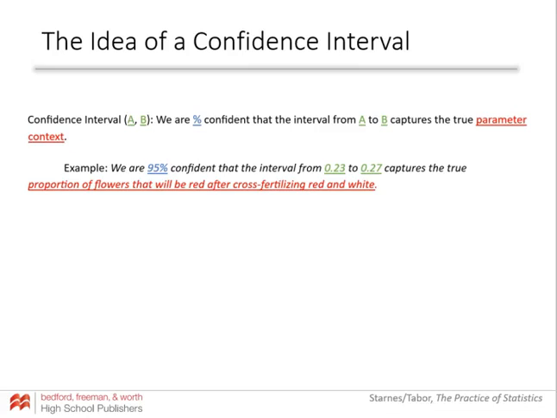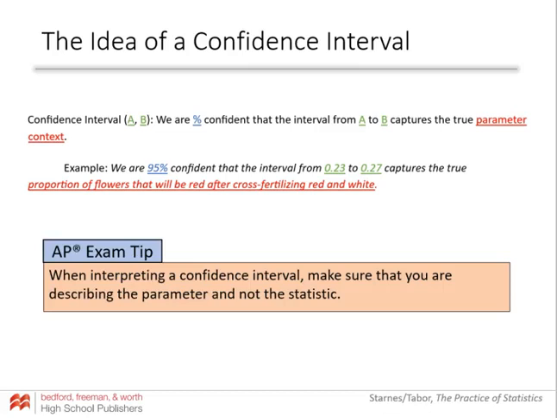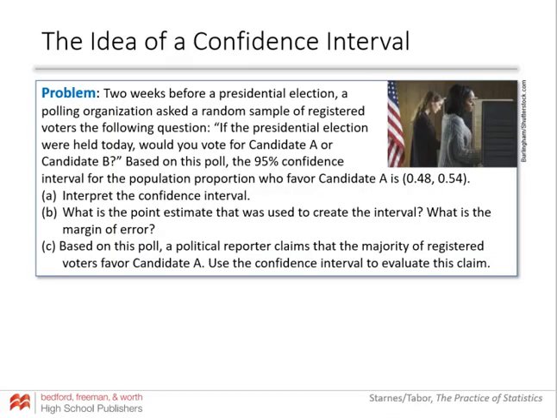We are blank percent confident that the interval from, and then we give our two numbers, captures the true parameter value. Make sure you're talking about the parameter that we are estimating and not the statistic that we actually calculated.